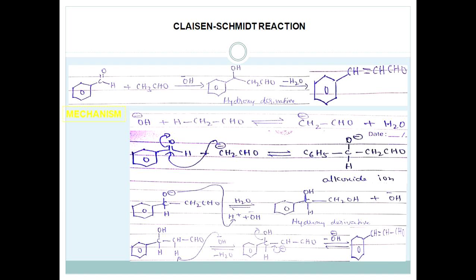In the next step, the beta hydroxy compound, that is the cross aldol product, is obtained by the removal of a proton from the alkoxide ion.